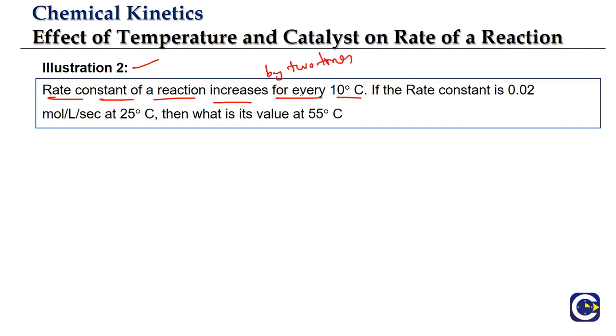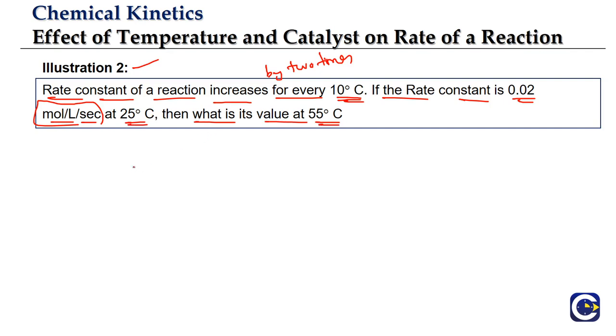So the rate constant of a reaction increases by 2 times for every 10 degrees rise. If the rate constant is 0.02 mole per liter per second, by looking at this unit itself we can tell that it must be a zero order reaction. If the rate constant is 0.02 at 25 degrees centigrade, what is its value at 55 degrees centigrade?